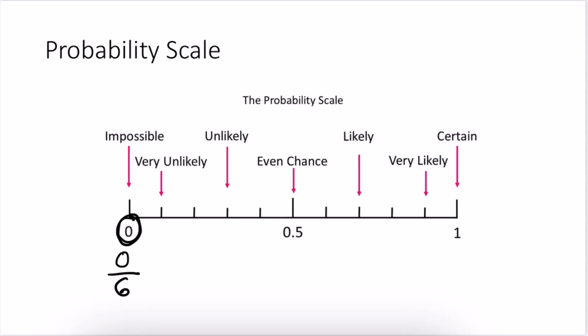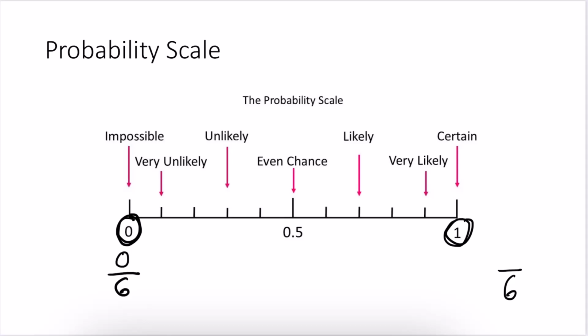And the largest number that a probability can be is 1. Because if you think about having something be the most likely, well, let's use the example of rolling a dice again. If I have 6 possible outcomes, and then let's say I asked you to find the probability of rolling a number that was less than 9.